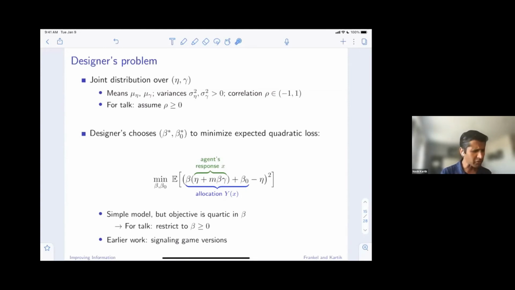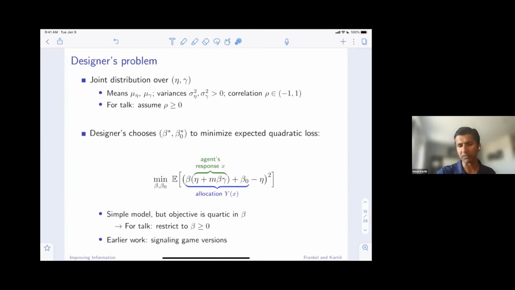So this is an extremely simple and, we think, very natural model that has been used in various earlier work, but it is a complicated problem because this objective is actually quartic in beta. Beta enters over here squared, and then you have quadratic loss, so that gives you the quartic. For the purposes of the talk, in order to convey the intuitions transparently, I'm going to restrict attention to the designer only choosing non-negative sensitivities, beta.